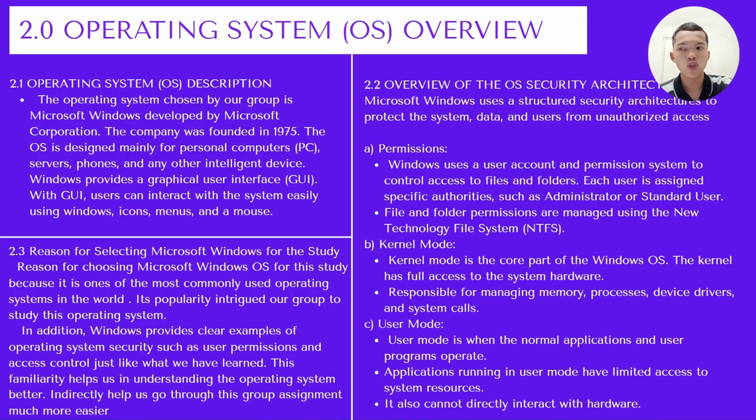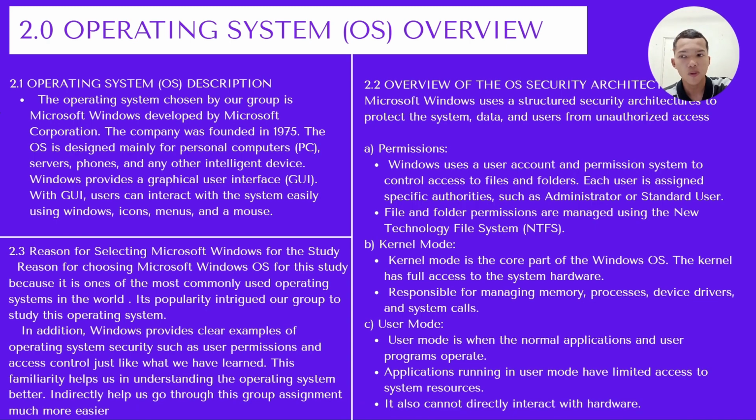Lastly, we go to the 2.3 reason for selecting Microsoft Windows for the study. The reason for our group in choosing Microsoft Windows OS for this study is because it is one of the most commonly used operating systems in the world. Its popularity intrigued our group to study this operating system.